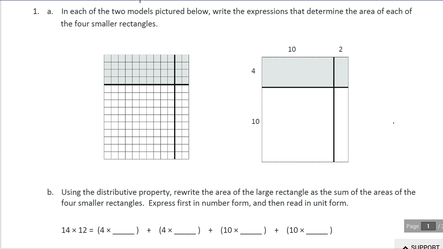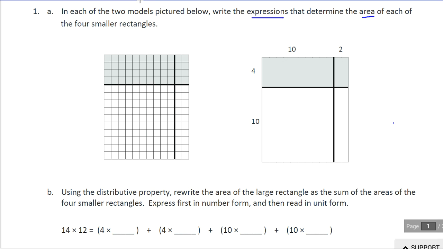All right, for number one, it says that in each of the two models pictured below, write expressions. Those are number sentences without the equal sign that determine the area of each of the four smaller rectangles. Let's look at this.